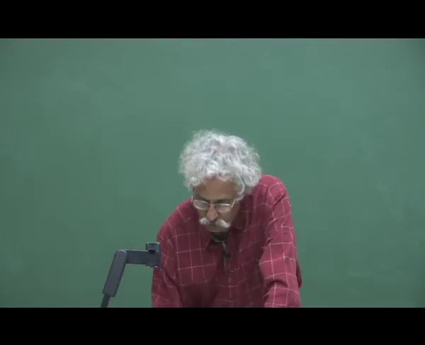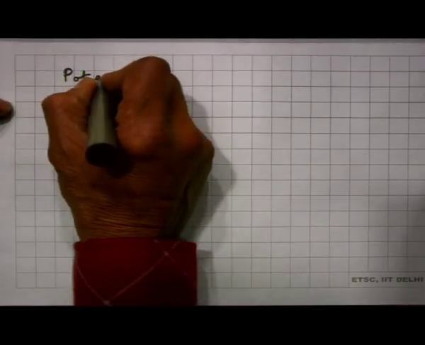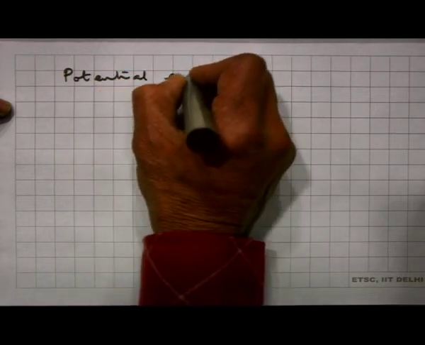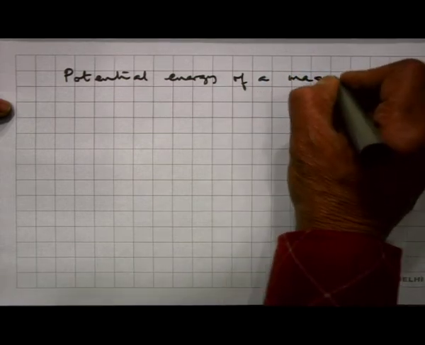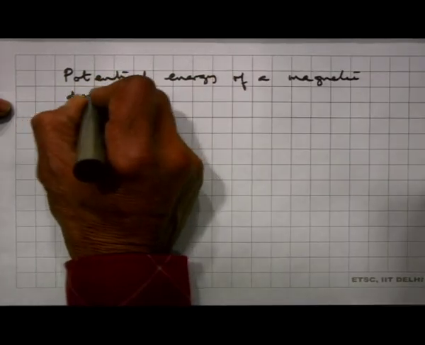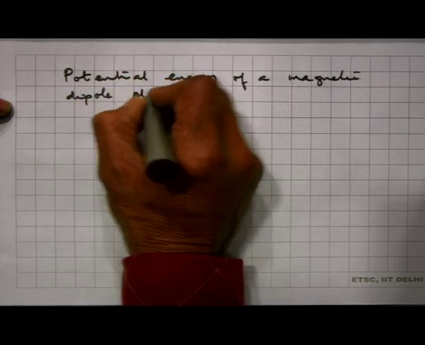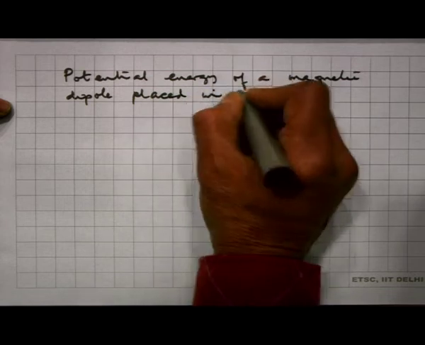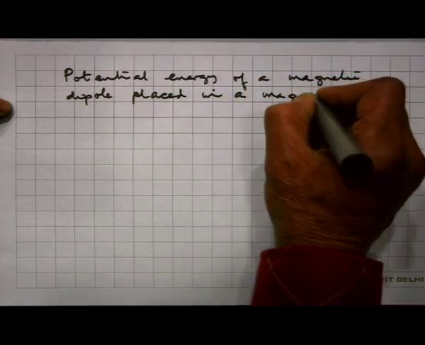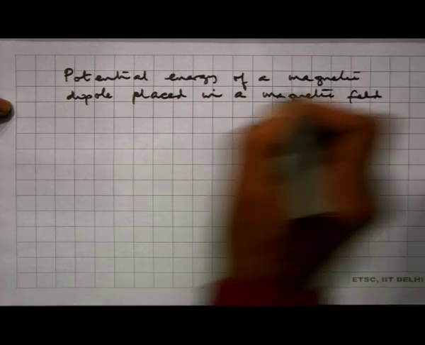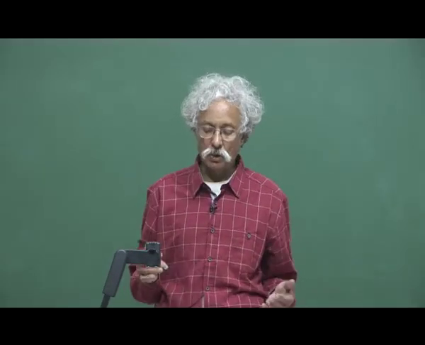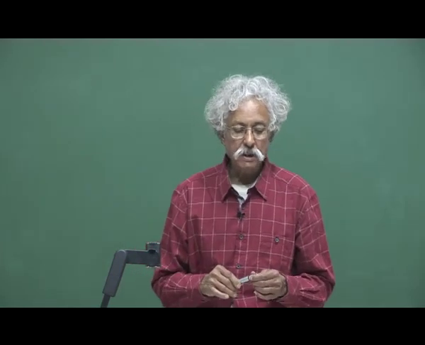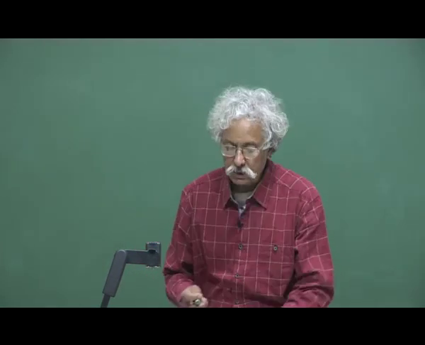So, I want to calculate the potential energy of a magnetic dipole placed in a magnetic field. When a magnetic dipole changes its orientation because of a torque, it changes its potential energy. So, I want to calculate this potential energy change.